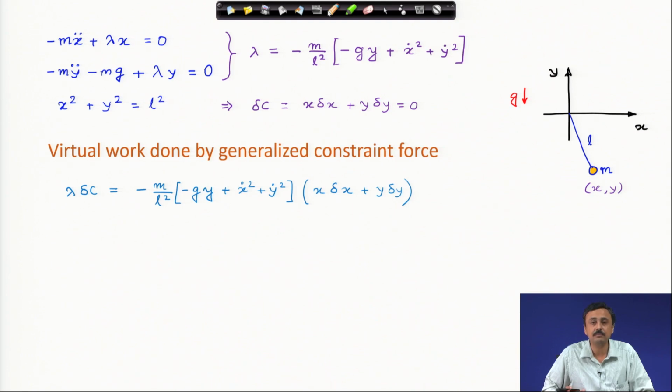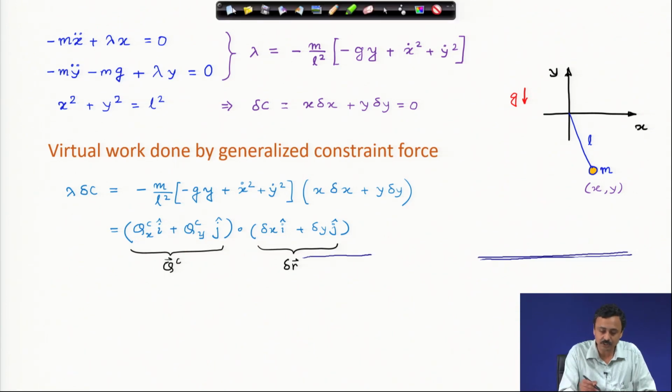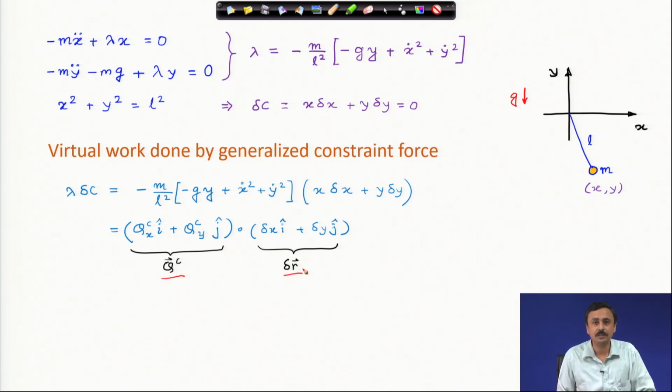I have taken the product of these two, and this must be in terms of the constraint force vector, of this form. This is the constraint force vector and this is the virtual displacement vector, and the dot product of these two should give me the virtual work done by the constraint forces.